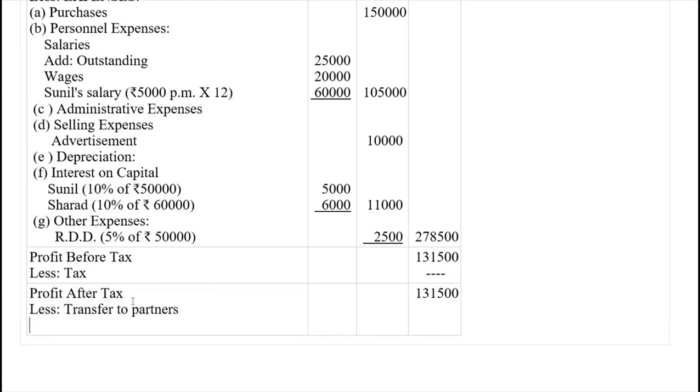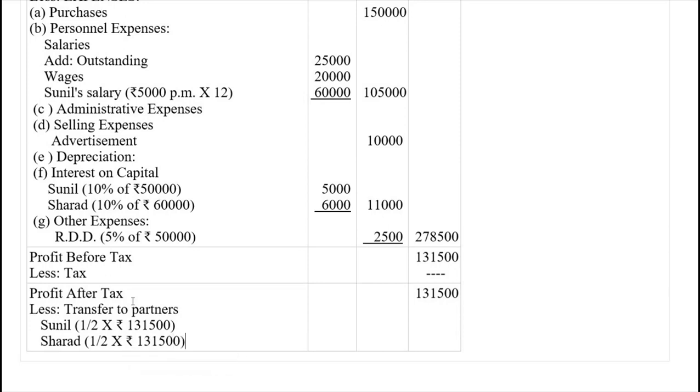Both of them share profits and losses equally. So Sunil 1/2 multiplied by rupees 1,31,500, similarly Sharad 1/2 multiplied by 1,31,500.